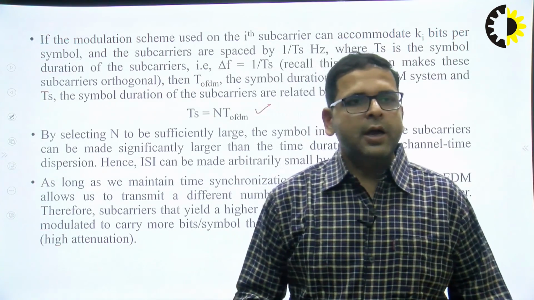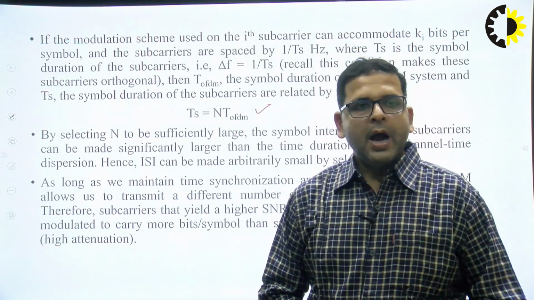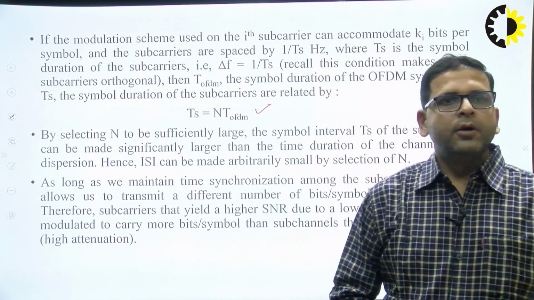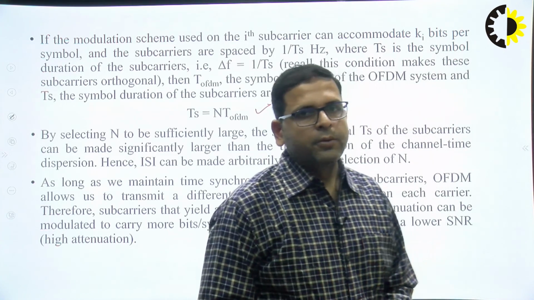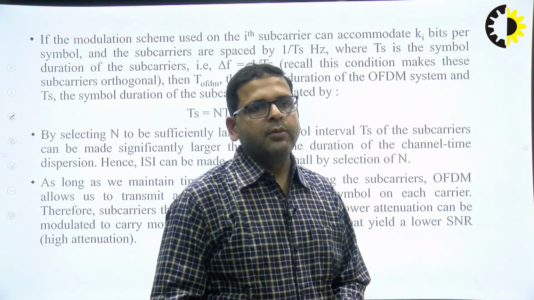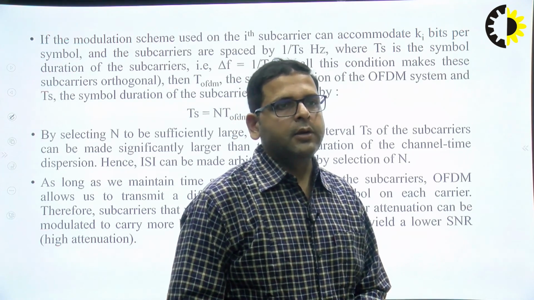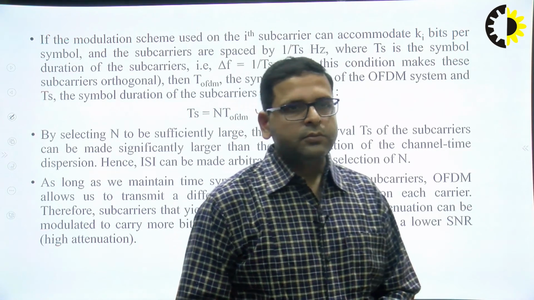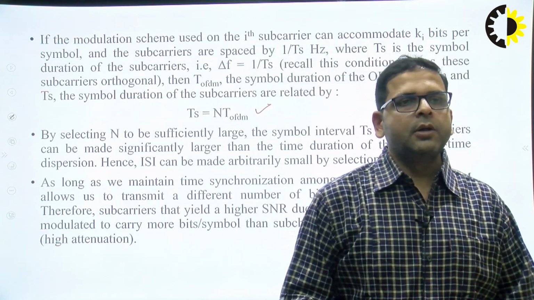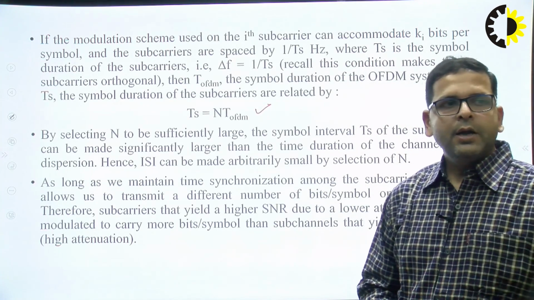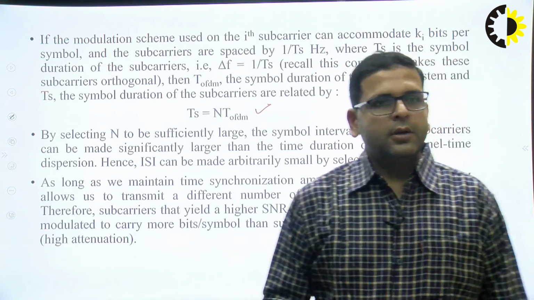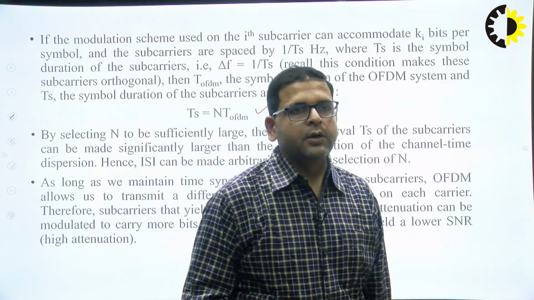Therefore, subcarriers that yield a high signal to noise ratio due to lower attenuation can be modulated to carry more bits per symbol than subchannels that yield lower signal to noise ratio.